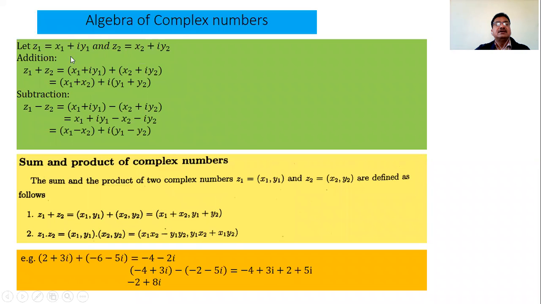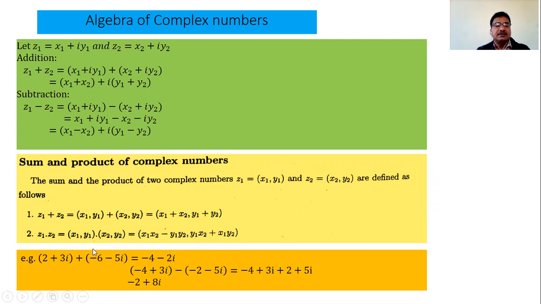Then addition is the addition of corresponding parts, that is, real parts and imaginary parts. So x1 plus iy1 plus x2 plus iy2 is x1 plus x2, which is the real part of z1 plus z2, plus i times y1 plus y2. And subtraction is x1 minus x2 plus i times y1 minus y2. That is the subtraction of real parts and subtraction of imaginary parts. Very simple addition and subtraction.